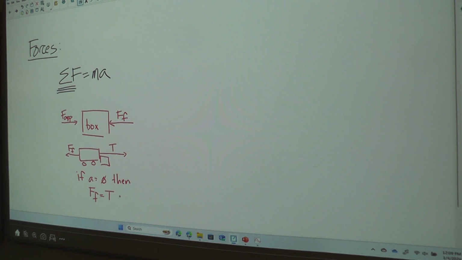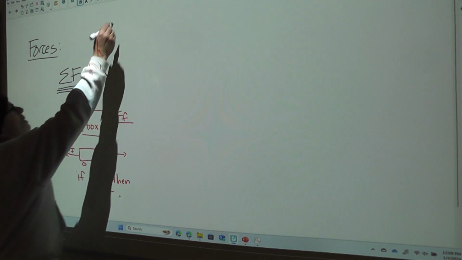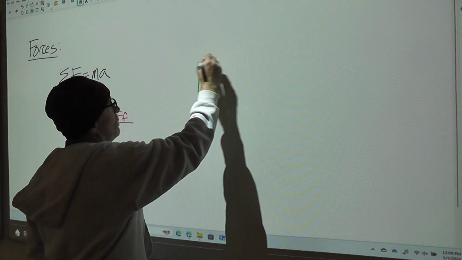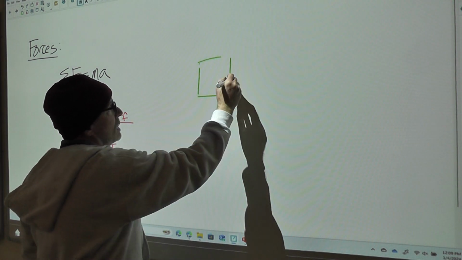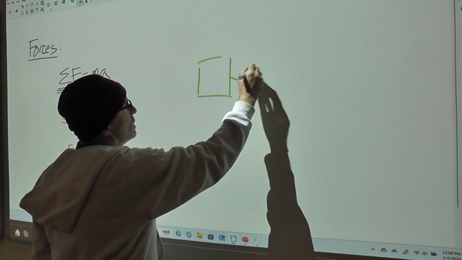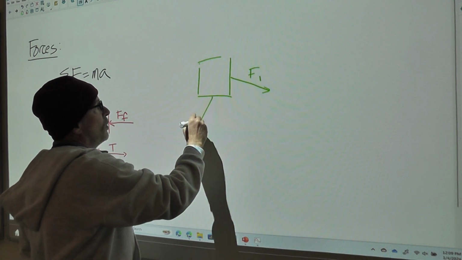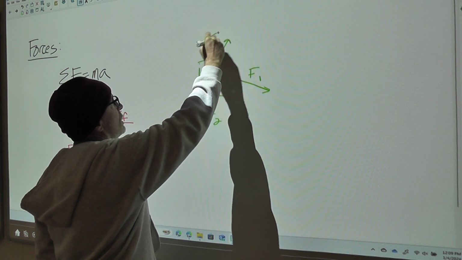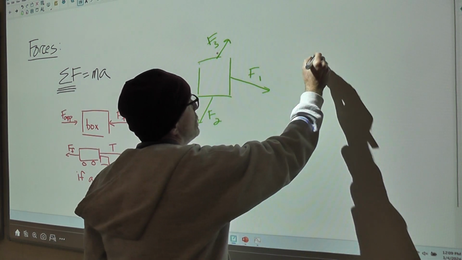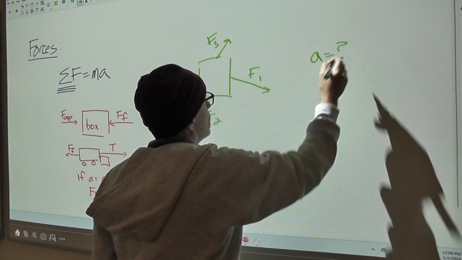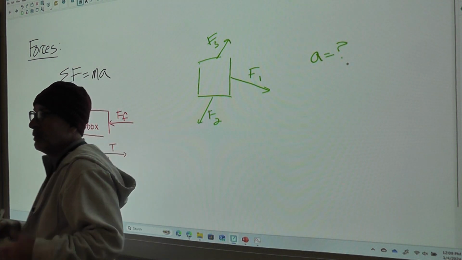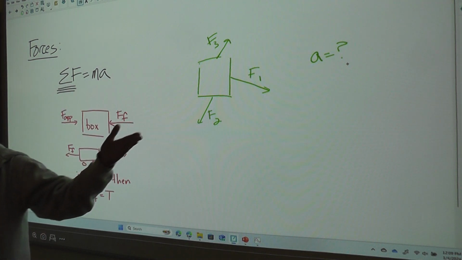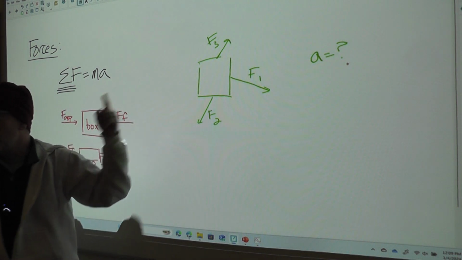Where it starts to get crazy is when we think about some additional mathematical complications. For example, we might have an object experiencing one force in this direction, one force in this direction, one force in this direction, and there's some sort of overall acceleration. You can't accelerate in more than one direction at once, so maybe it's accelerating this way.